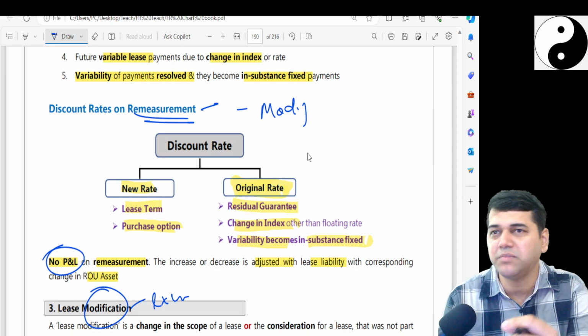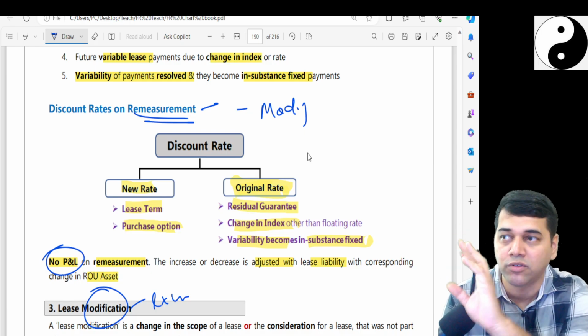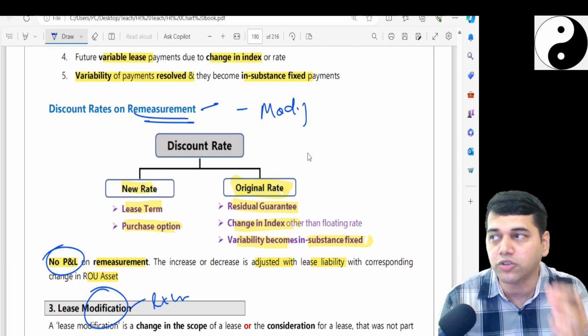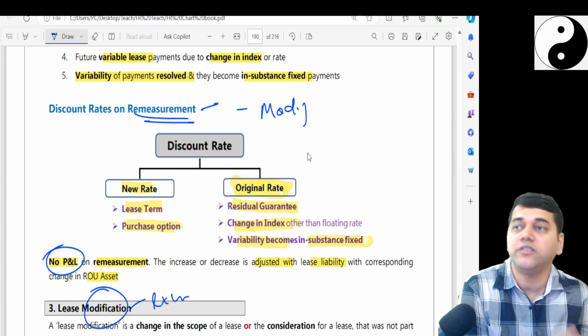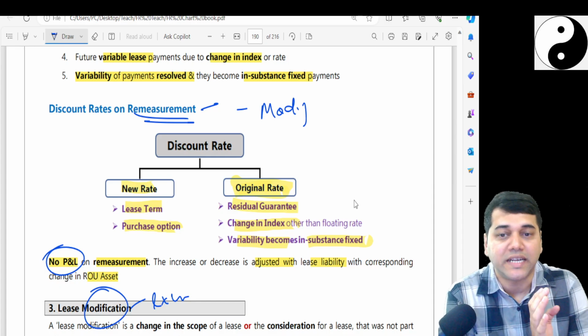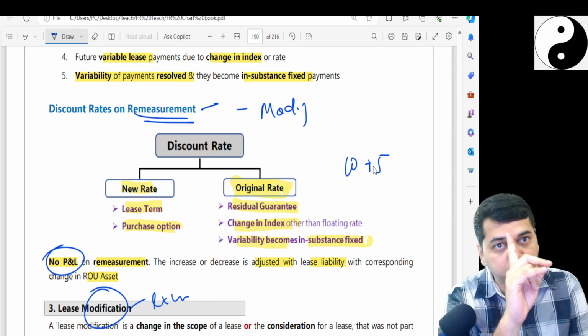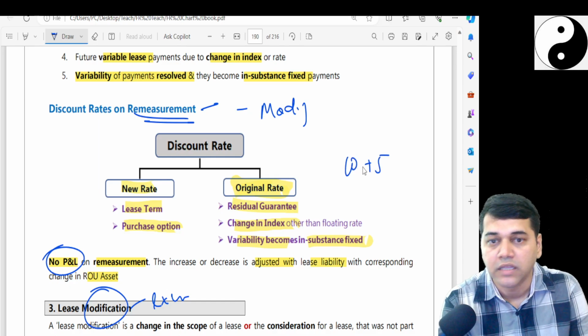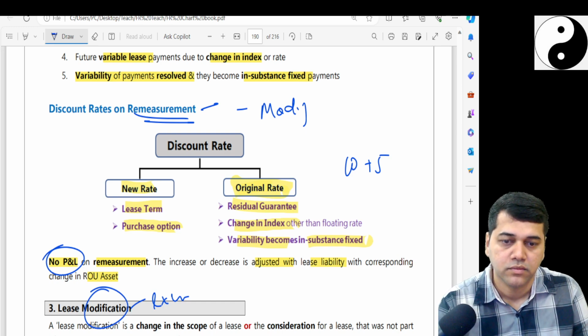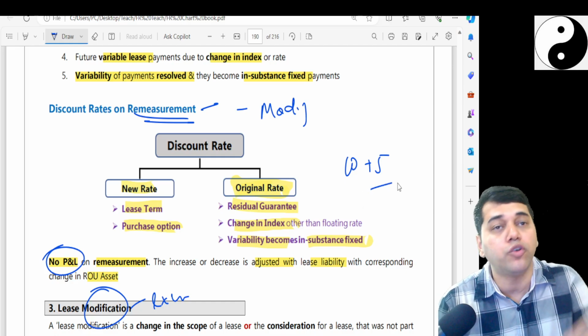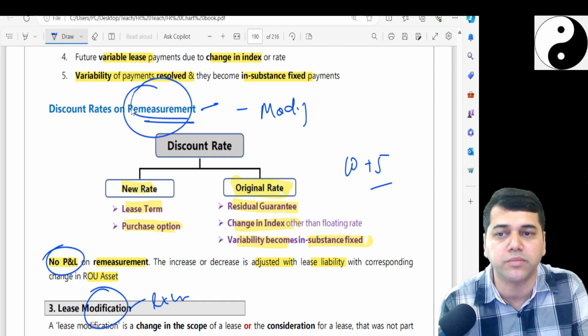There are some changes, but the not-less-than-10% rule, that rule is not applicable here. Here, the question is: was it part of the original contract or is it a new term? Like 10 plus 5, it was part of the original contract only. You initially considered 10. After 7 years, you say, now I am going to extend it. No, it is remeasured.